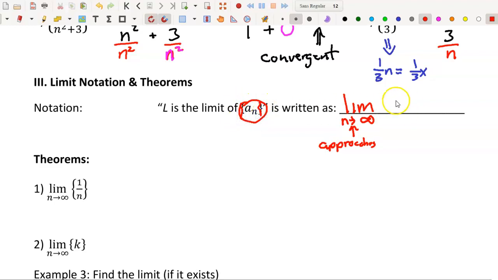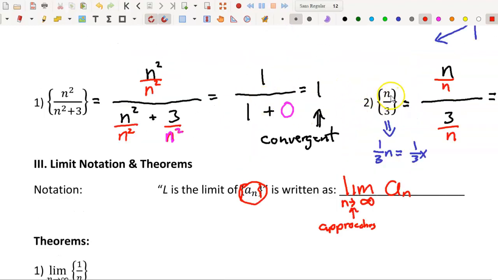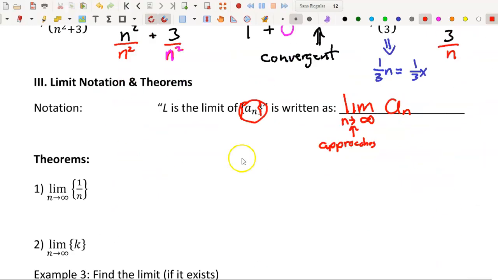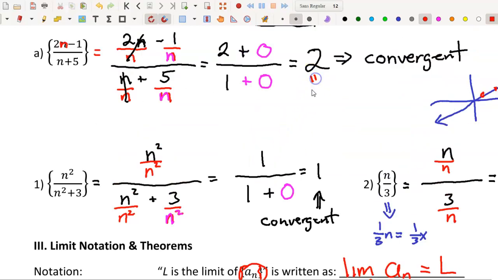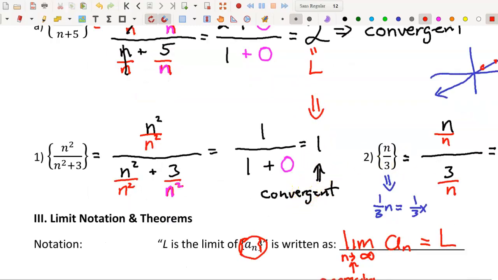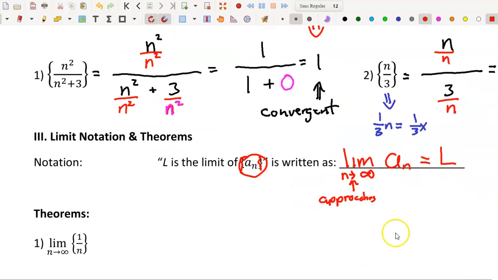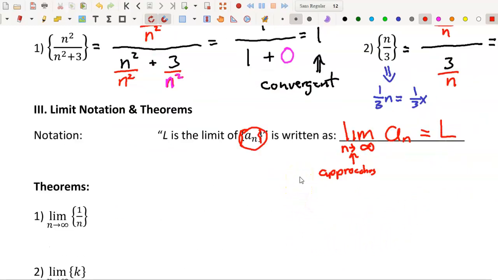In this case, it just says A of n. It just stands for any of these things inside. And it's going to equal some number, L. So on these previous problems, these are the L's. So L equals 2, the limit equals 2, or the limit down here equals 1, or if it diverges, we could just say it does not exist. Okay, there is no limit.